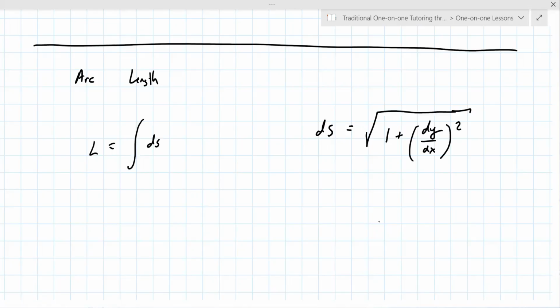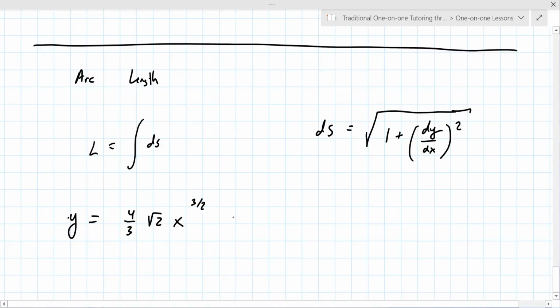All right, so here's one you probably haven't seen before because it's in a textbook. They say y equals 4/3 square root of 2 x to the 3/2 minus 1. Okay, so something like this would be given, and it tells you it's from 0 less than or equal to x less than or equal to 1. So that gives you the bounds of your integral.